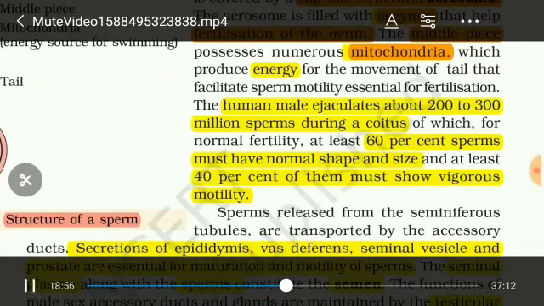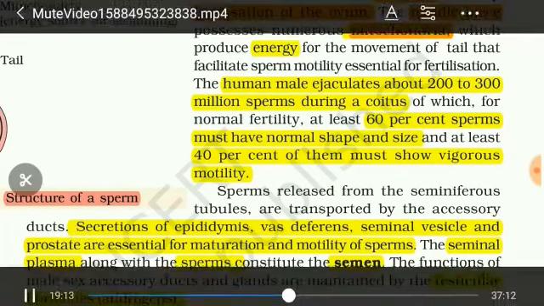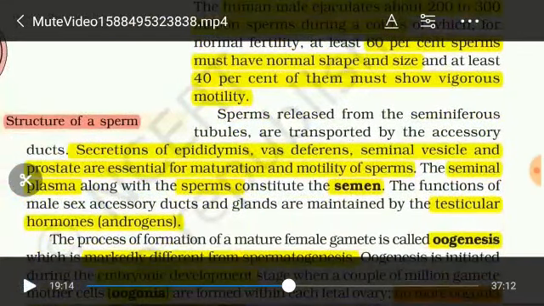Next is the pathway the sperm move along. The sperms released in the seminiferous tubules are transported to the accessory ducts like the epididymis, vas deferens, and seminal vesicle, and the prostate gland. These are glands which secrete some fluid which is useful for the development of sperm. It is collectively known as semen.